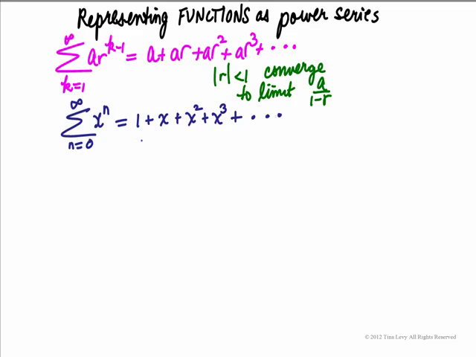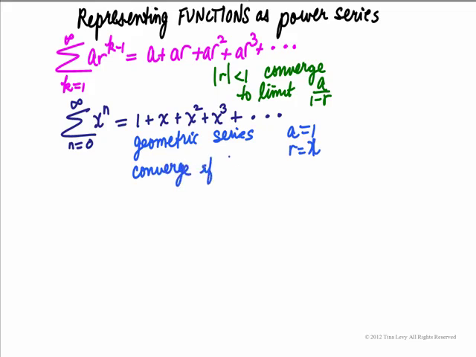This is actually a geometric series, and in this case the a value is 1, and each term keeps being multiplied by x, so the r value is x. And we know that this will converge if the absolute value of x is less than 1.